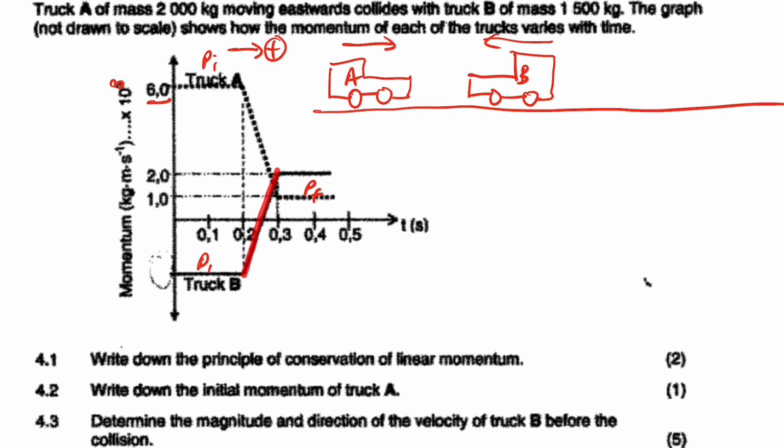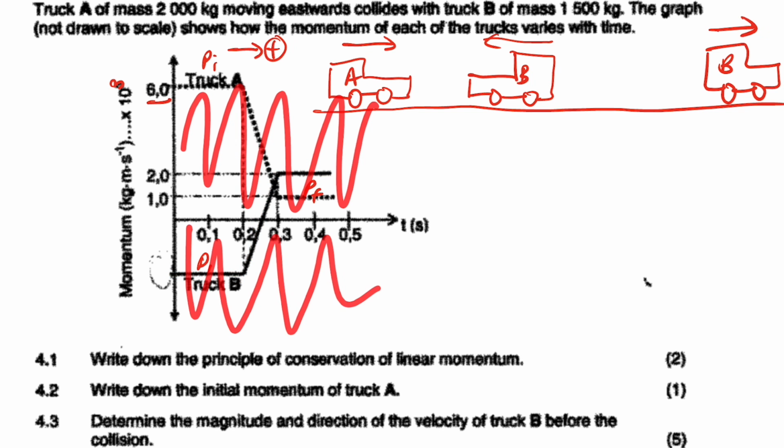After it collided, it went in the opposite direction, so B collided and went in that direction. So it's going to be like this. After collision, this is B, it's going to go in that direction. So it was going in the westerly direction, now it's going in an easterly direction. Guys, this is east and this is west.